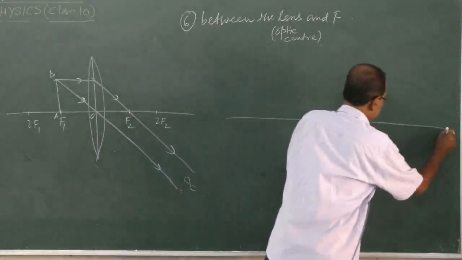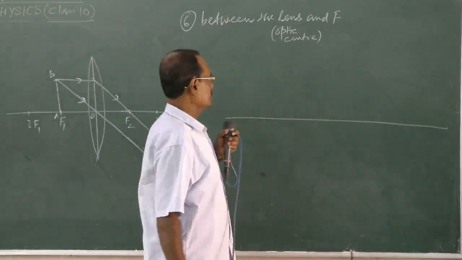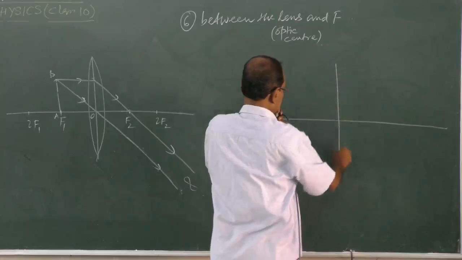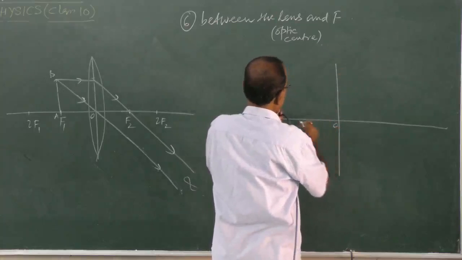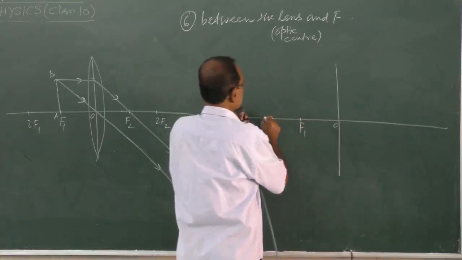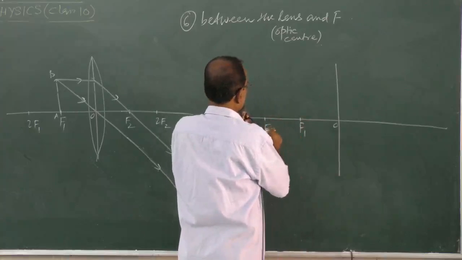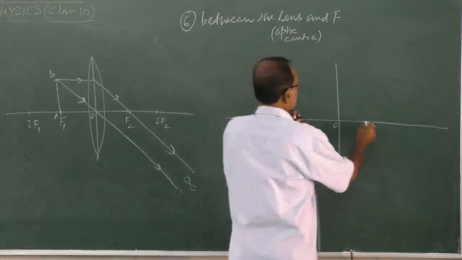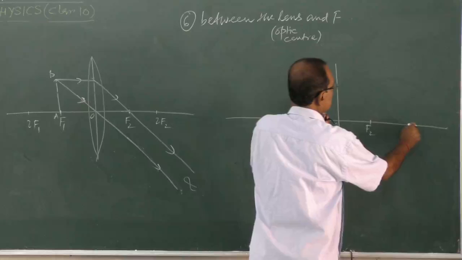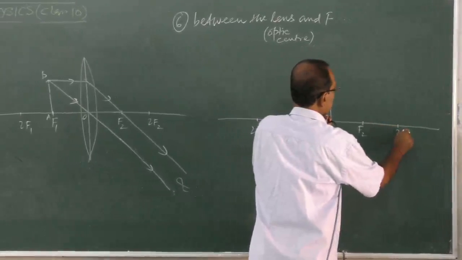Draw the principal axis, the central line of the lens, F1 to F1, F2 to F2.